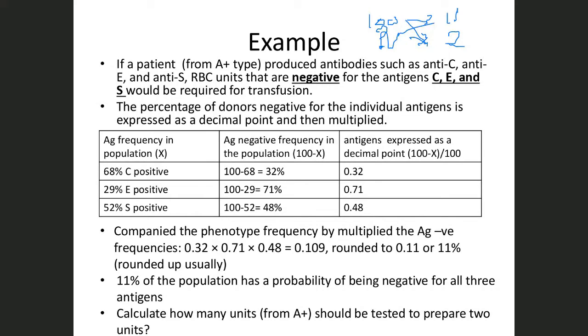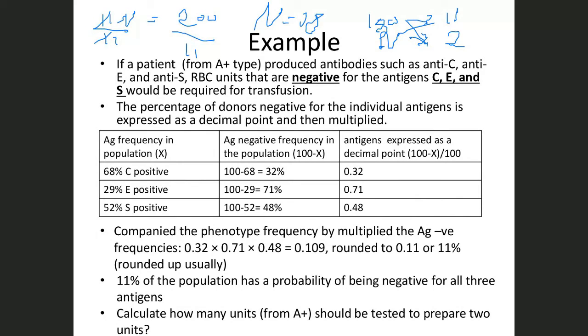So 11N is equal to 200. Okay, when you calculate it, N is equal to, round it up usually, around 18 units.